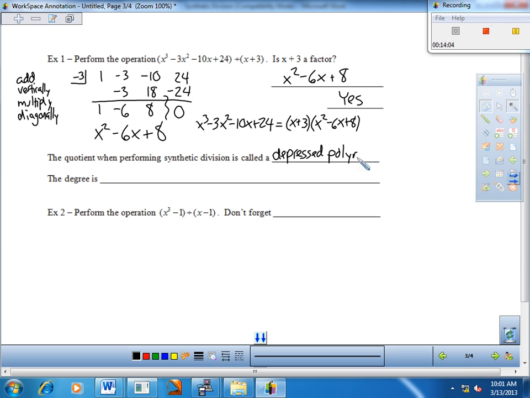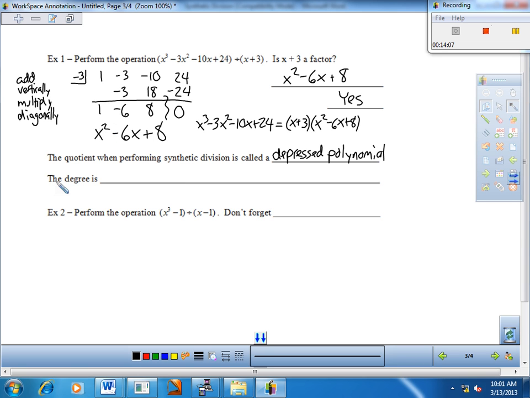And so I've done this instinctively without actually saying it, but essentially what happens is the quotient is always going to start out 1 degree less than the dividend. So if I start out with x cubed, the quotient is x squared. And that's what this piece is right here.